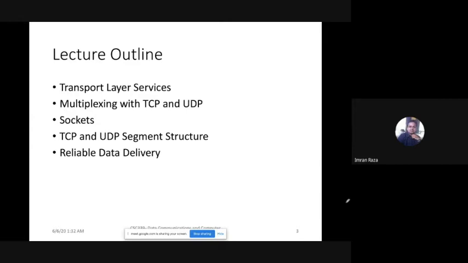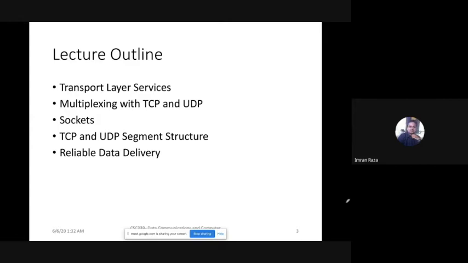We'll see how we can differentiate between multiple TCP or UDP connections between host and server using multiplexing and demultiplexing concepts with TCP and UDP. We'll also talk about sockets, TCP and UDP segment structure, and the fundamental difference between the two, transmission control protocol and user datagram protocol.